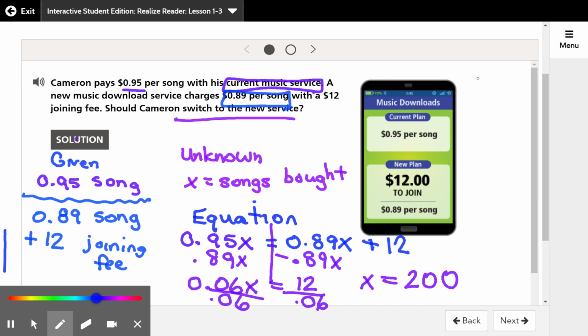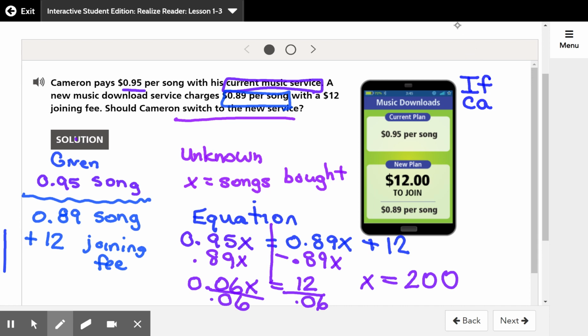So if Cameron wants less than 200, he should stay with his current music service because it's going to be cheaper.